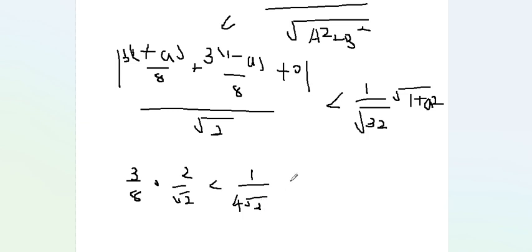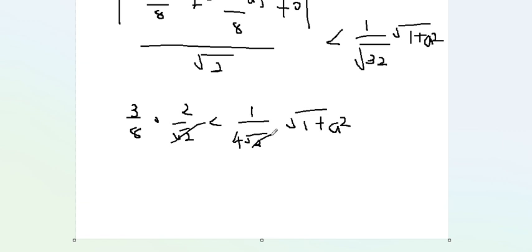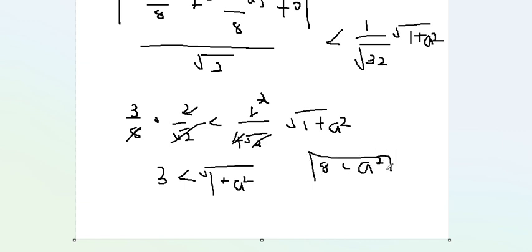The square root 2s cancel, and multiplying by 8 on both sides, we get that 3 is less than the square root of 1 plus a squared. It's very simple algebra at this point. We can square both sides because both sides are non-negative. That gives us 8 is less than a squared. And this is our range for the values of a squared, as you can see in the original problem.